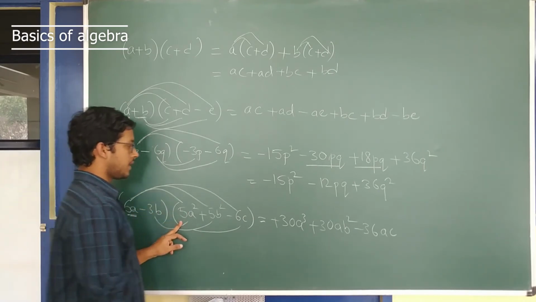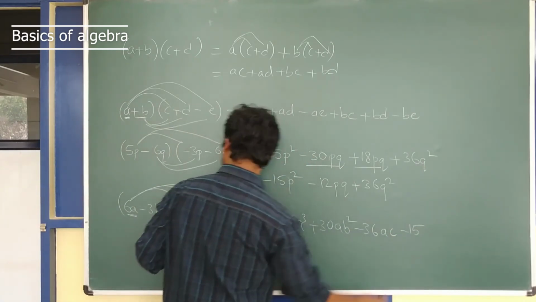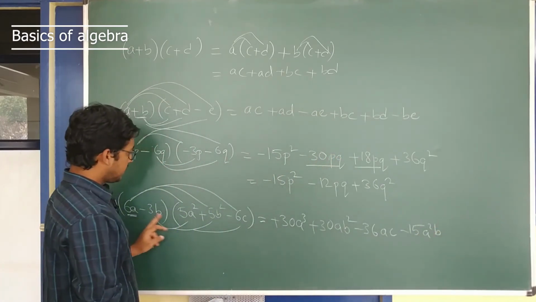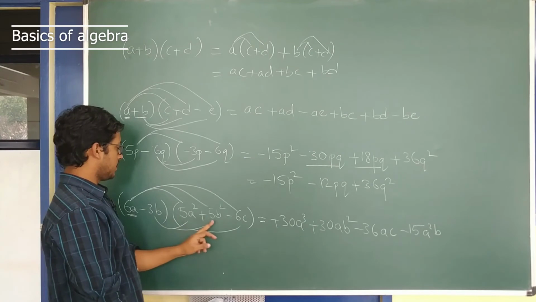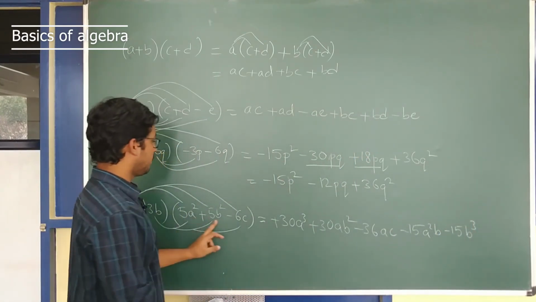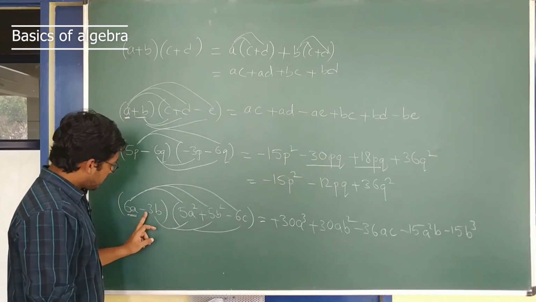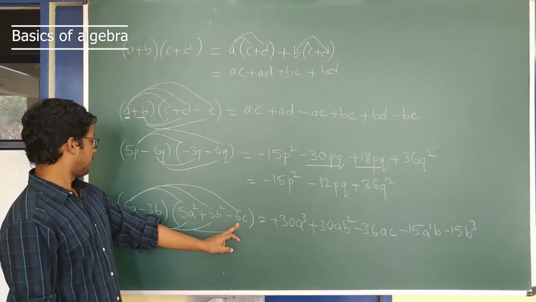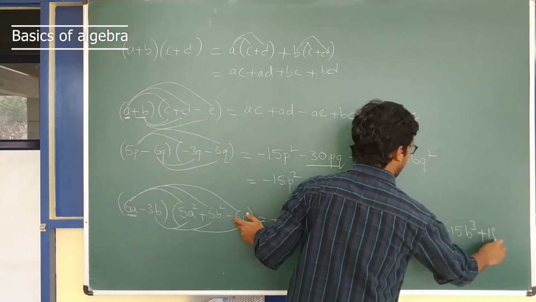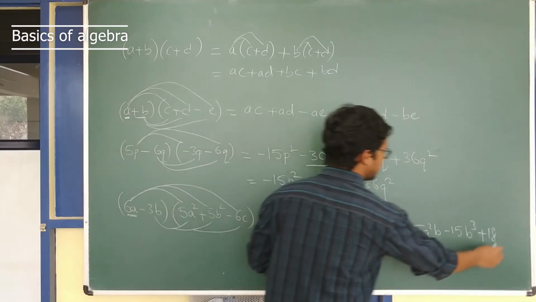Minus 3 into plus 5 is minus 15. b into a square is a square b. Minus 3 into plus 5b square. So it is minus 15b cube. So b into b square is b cube. Minus 3b into minus 6c. So minus 3 into minus 6 is plus 18. b into c is bc.